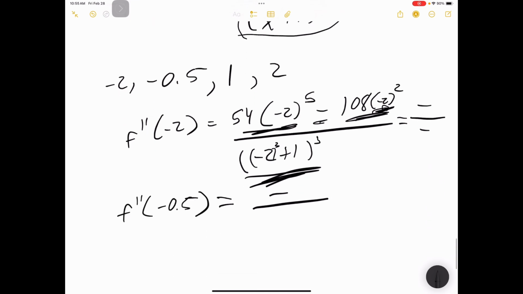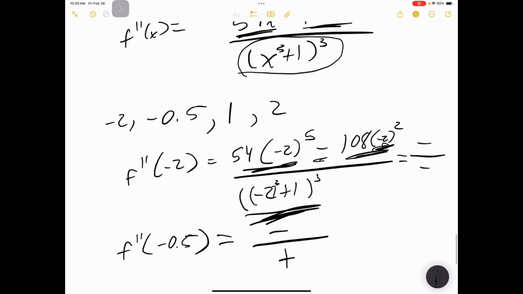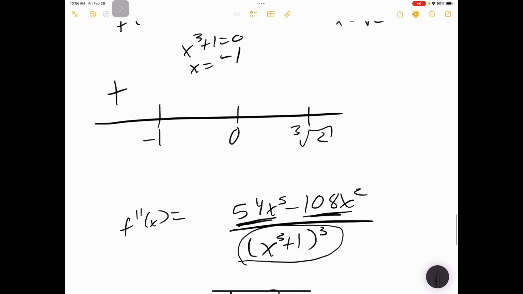So the denominator this time is actually going to be positive. Negative 0.5 times negative 0.5 is 0.25. Multiply it by negative 0.5 again, and you get negative something really small. Plus 1 gives you a positive number. And so we're actually getting a minus sign in between negative 1 and 0.